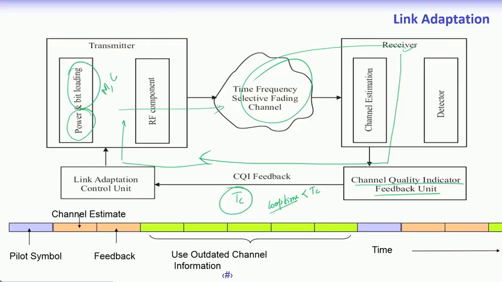So, loop time is of course a multiple of frame time, and a frame consists of several OFDM symbols, rather several OFDM blocks, and so that means the symbol duration Ts must be significantly smaller than Tc and not simply just smaller than Tc that we had discussed earlier.